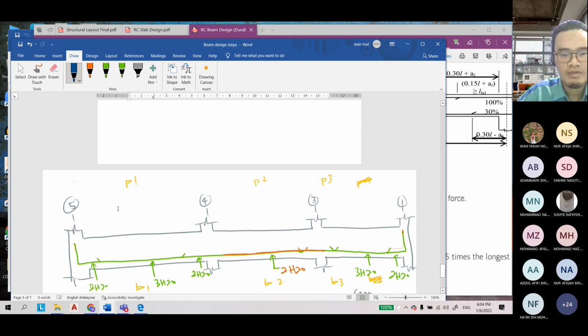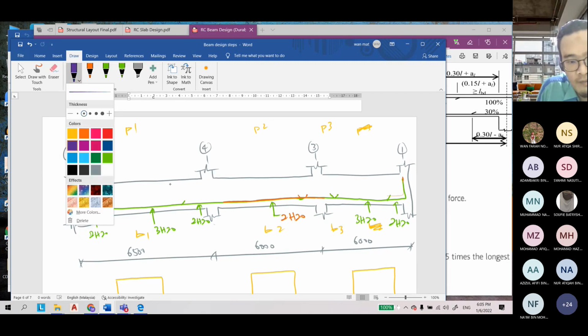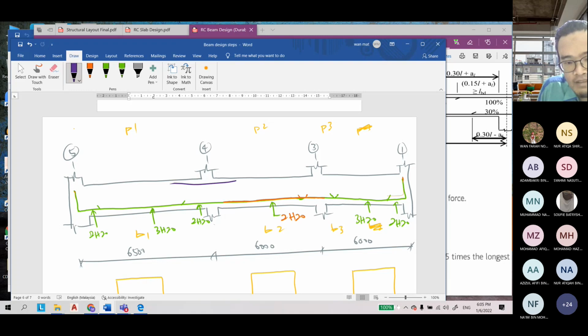So 4H20 is here. They say in one row, okay?